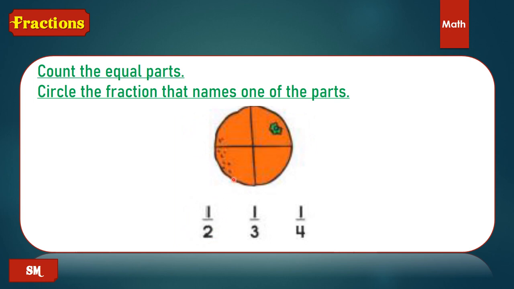Here in this orange, if I took 1, I will take 1 from how many? Count the equal parts. How many equal parts do you have here? 1, 2, 3, 4. Excellent. And if I took 1, it will be 1 of 4 or 1 over 4. Very good. It will be 1 over 4. Did you get it?